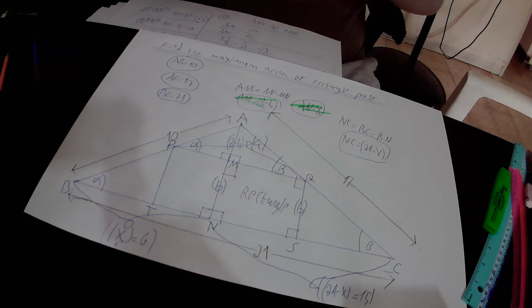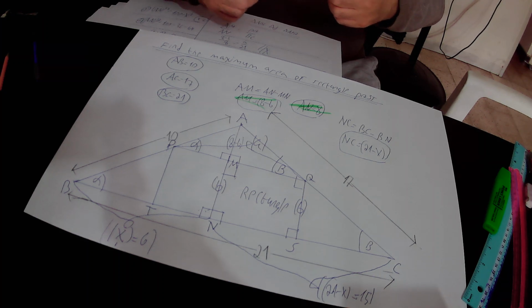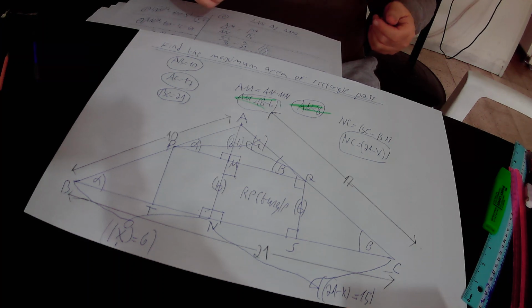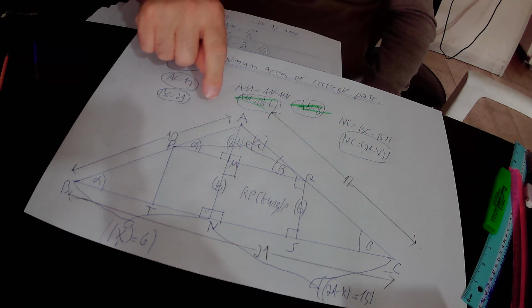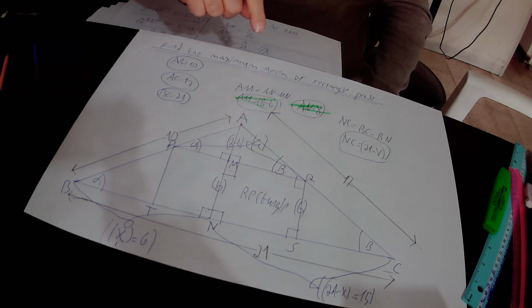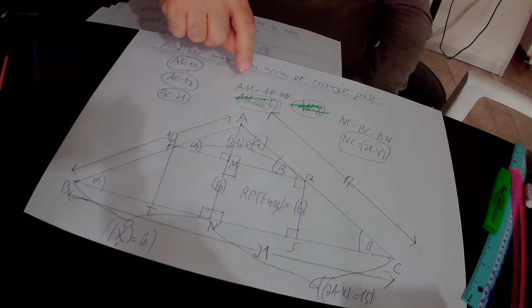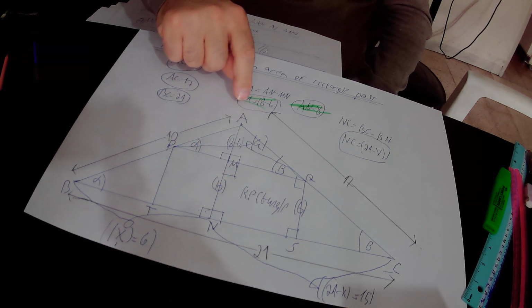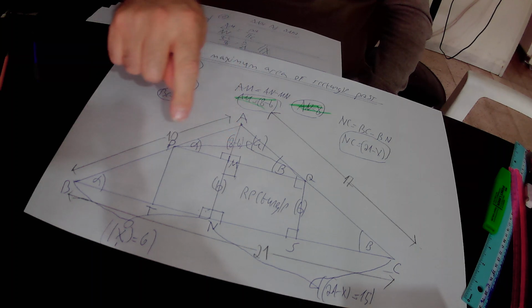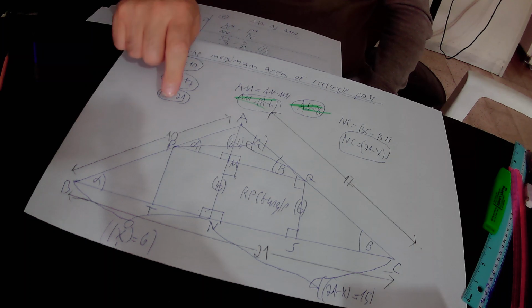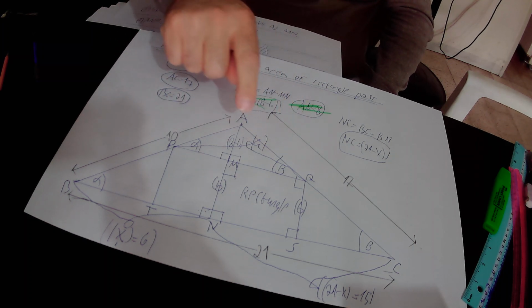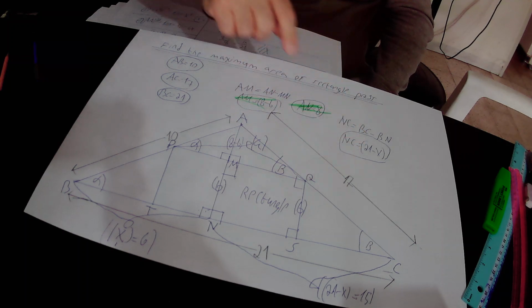Therefore, since the big triangle ABC is similar to the small triangle APQ according to the angle similarity rule, the height AM of the small triangle APQ over the height AN of the big triangle ABC must equal side PQ of the small triangle over side BC of the big triangle.